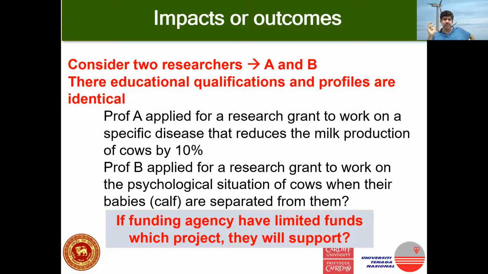The question would have been which project they will support. Now, the reason why I took these two cases: if you go into certain countries which don't care about human values or the cow's values, who only care about the economic impact of the research, obviously they will support Professor A. The reason is Professor A will increase the production of that milk by 10% once he finishes research.